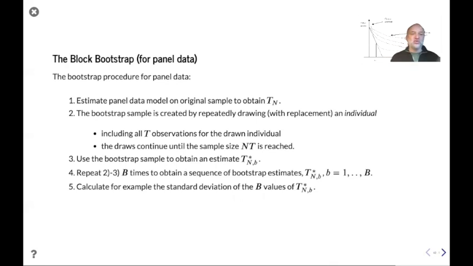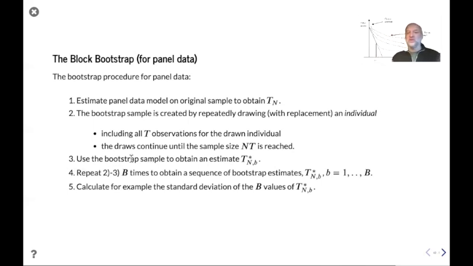So here the block bootstrap would do the following. You start by estimating your panel data model based on the original sample. Then you draw with replacement an individual, and that includes all the time series observations for that particular individual, so the entire sequence. And then you draw until you have a sample of size nT equal to the original sample size. So that's really just replacing what we had before. Then you do the same.